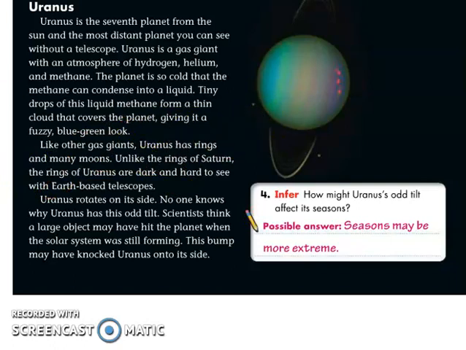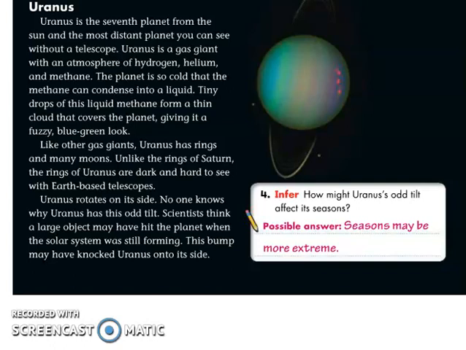Uranus is the seventh planet from the Sun and the most distant planet you can see without a telescope. Uranus is a gas giant with an atmosphere of hydrogen, helium, and methane. Methane is a blue gas. The planet is so cold that the methane can condense into a liquid. Imagine.